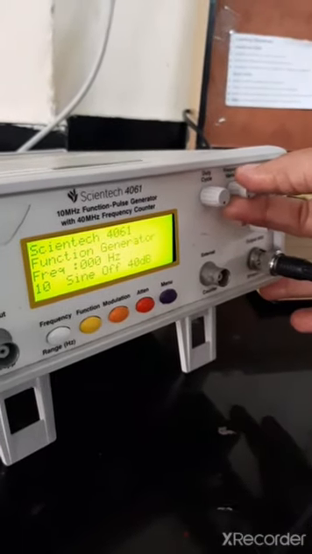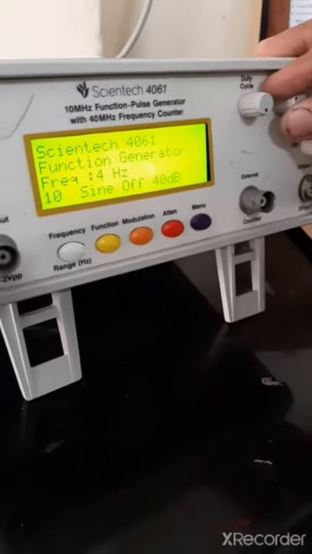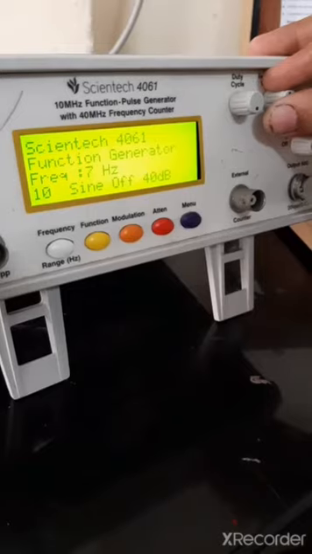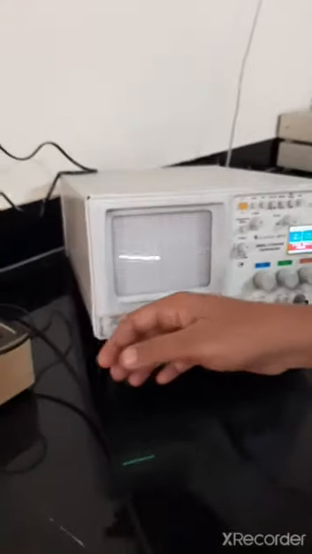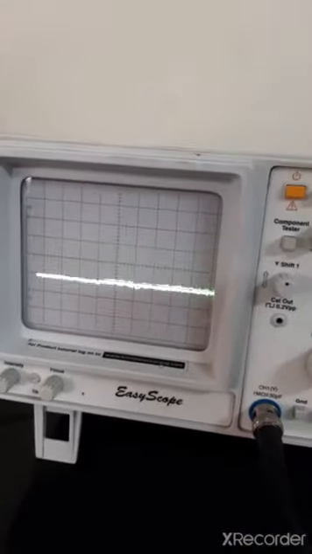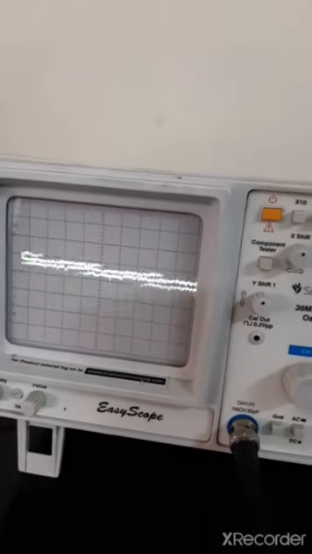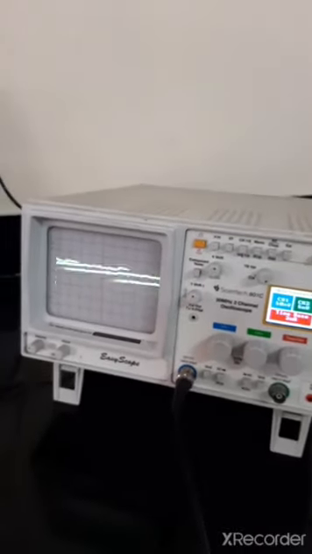First, at low frequency, see here, your amplitude goes on increasing. As we continuously increase the frequency, you get an increasing amplitude. This is our low frequency signal. If we increase frequency, our amplitude goes on increasing, from low frequency up to where we get a constant output voltage.